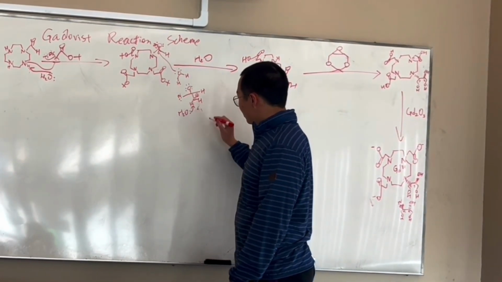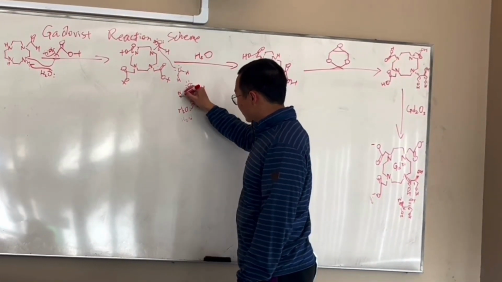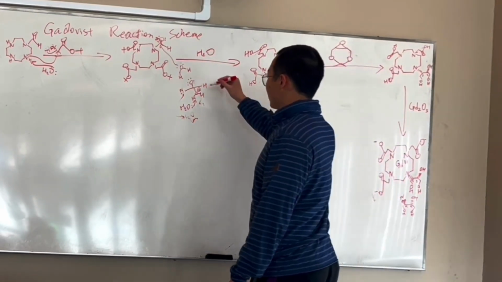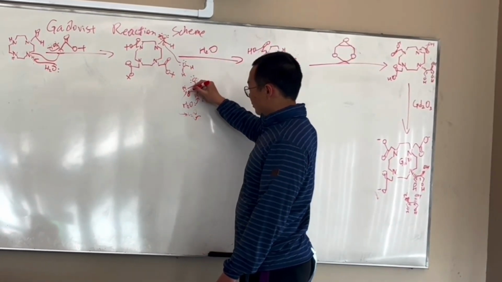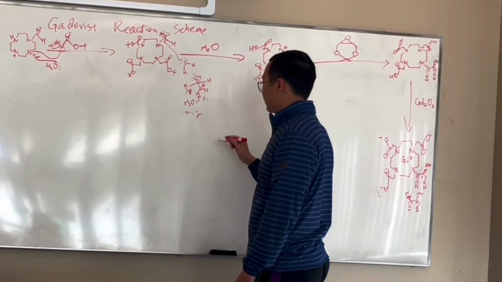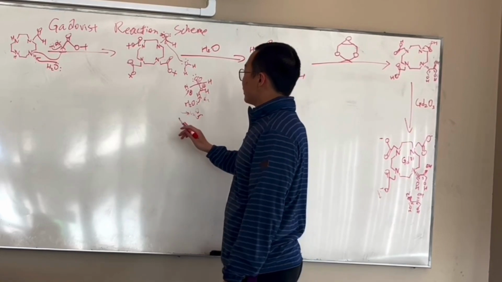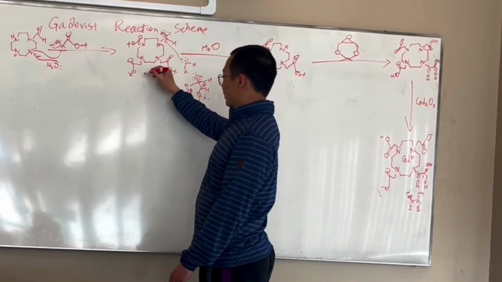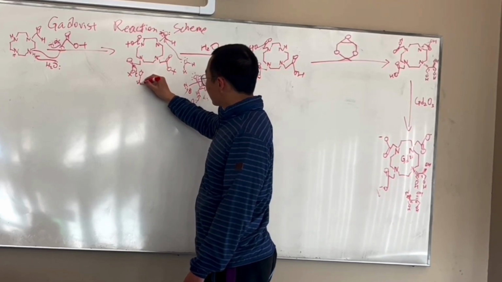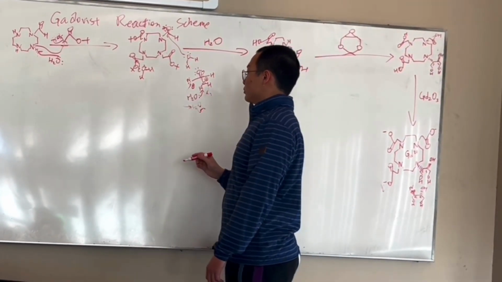So water will take the hydrogen to become hydronium, and nitrogen will take the hydrogen away from hydronium. And this will make the nitrogen partially positive and allow the kickoff of the aldehyde group. And the same thing will happen here, except the water will attack the carbonyl and it will kick off the ester.